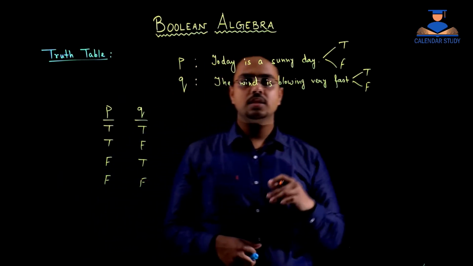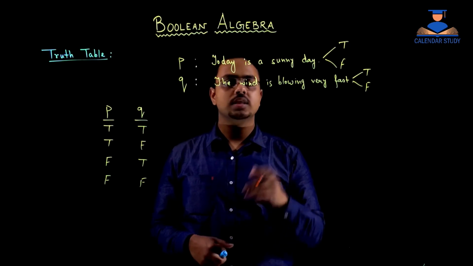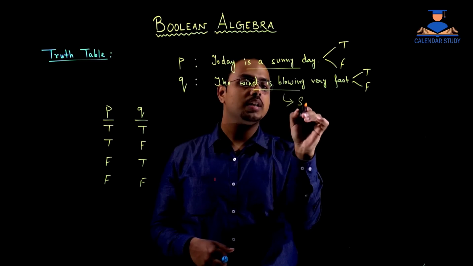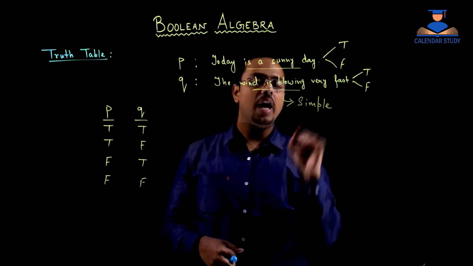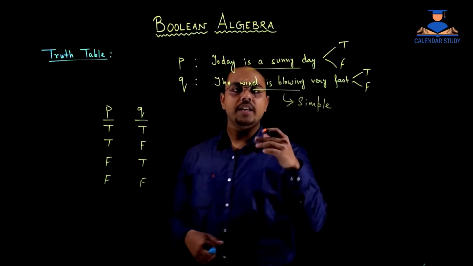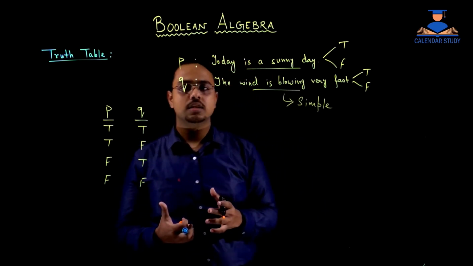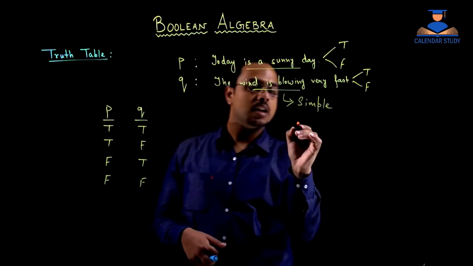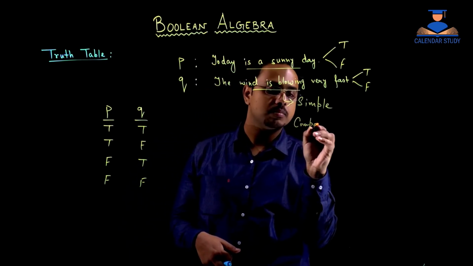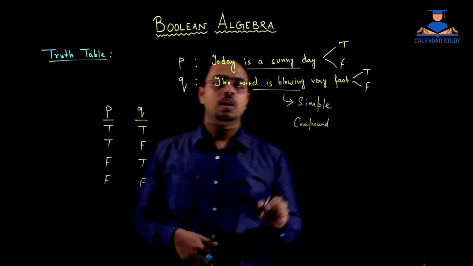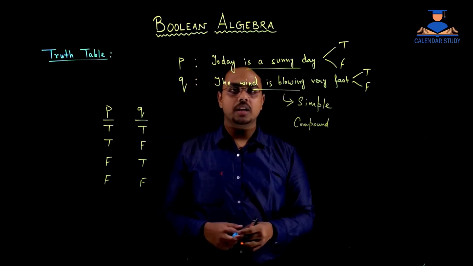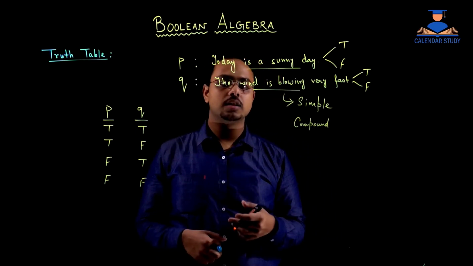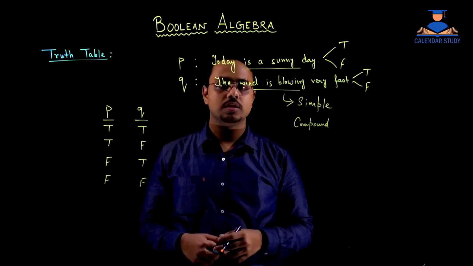This type of statement, you will see in your later course, is known as a simple statement, or atomic statement. And when 2 statements are connected together with the help of some logical connectives, they are known as compound statements. You may already be familiar with the term conjunction, as you have seen that term in your English course.